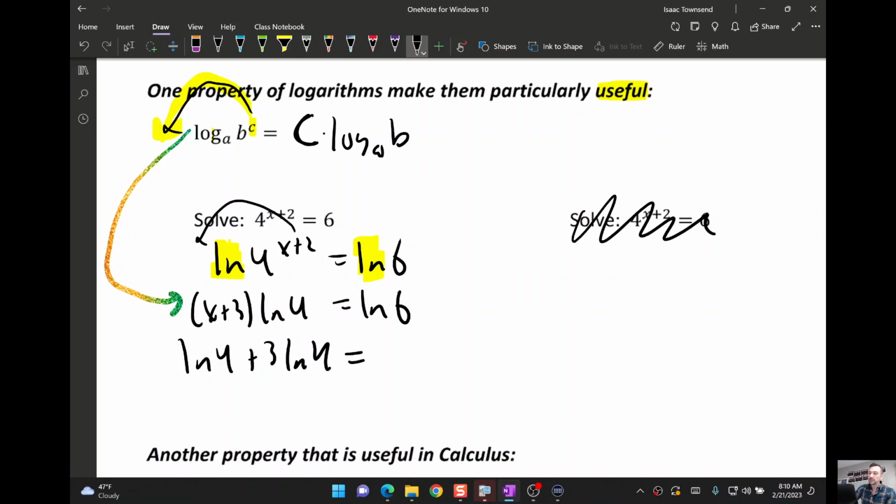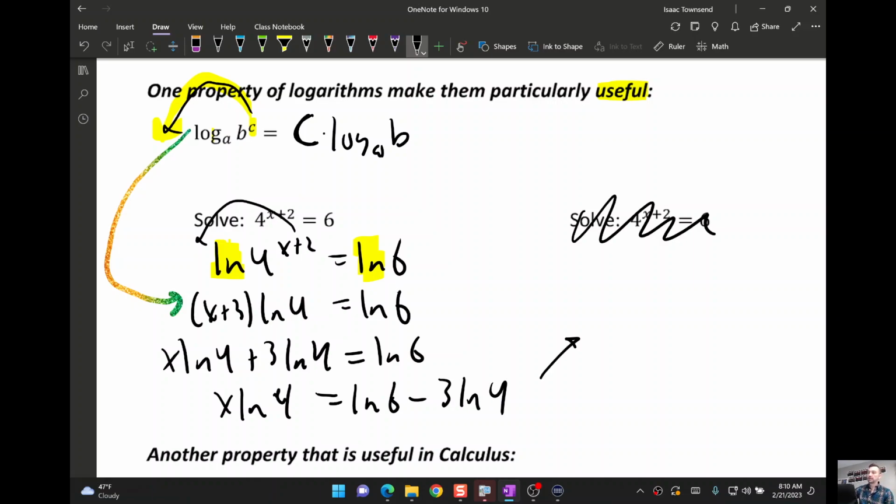Okay, and then the work looks a little bit weird because we've got natural logs all over the place, but now it's going to solve the same way you solve stuff all the time. Distributing this, anything without an x, I'll move over to the other side. So undo plus with minus, and then undo times with divide.